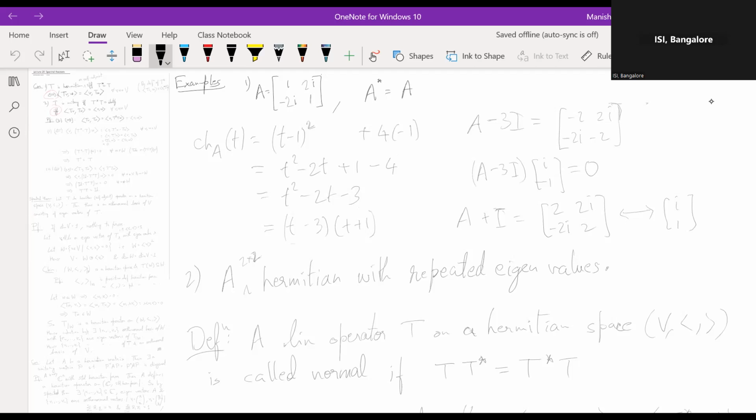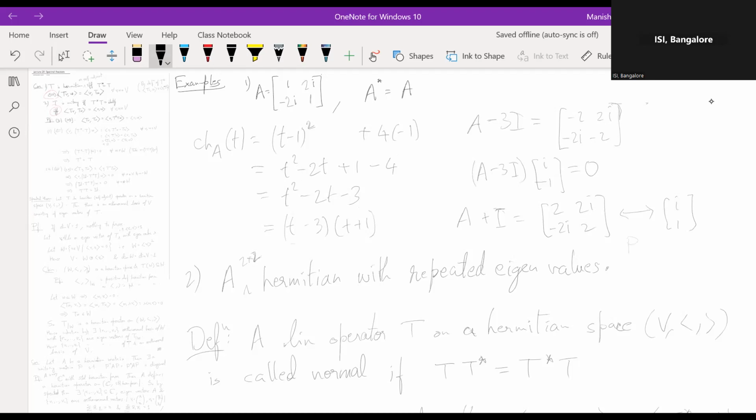So these are orthogonal, but you'll have to make them orthonormal. You'll have to do something. So the P in this case, I don't have space here, so maybe I'll write somewhere.